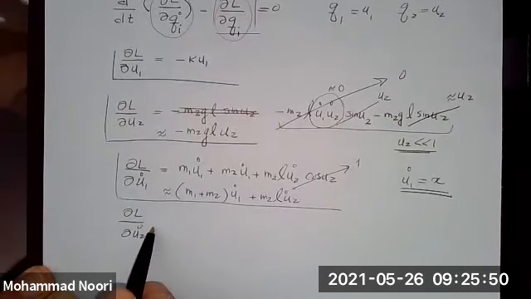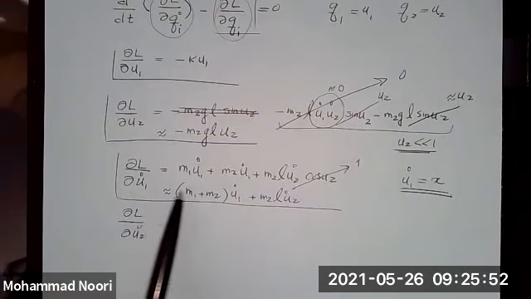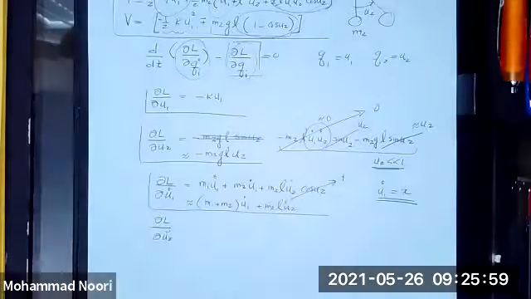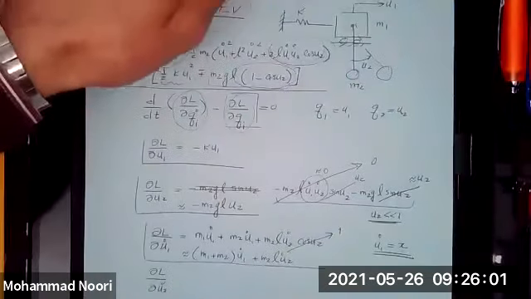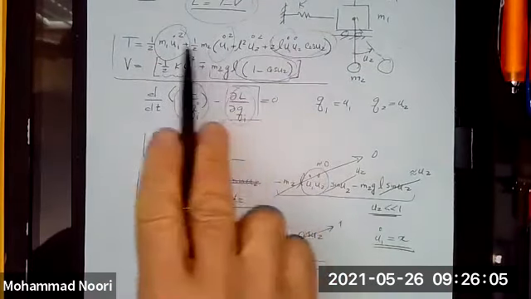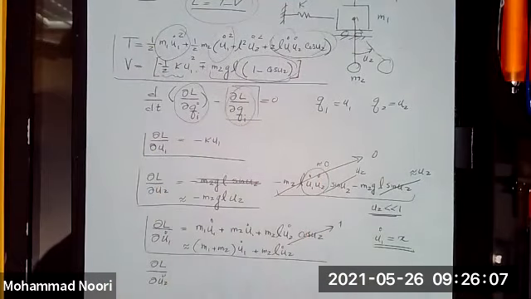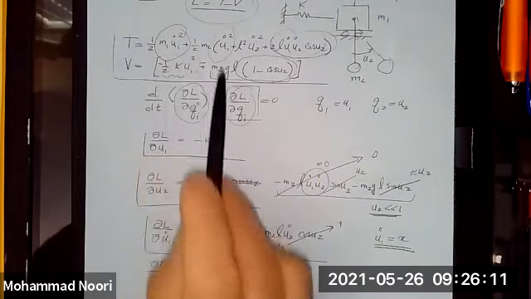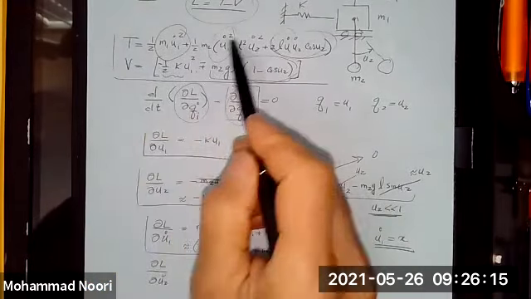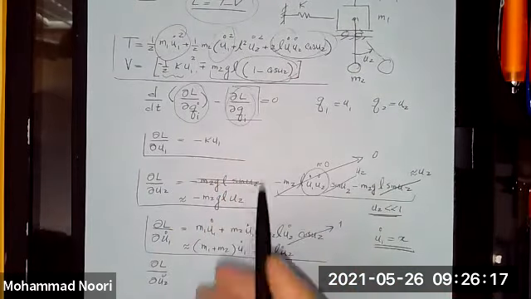Now, for this one, you consider only, let me raise this so that everything will fit in one page. That's better. So now in this equation, you consider T minus V, you consider only taking the derivative with respect to U2 dot. There's no U2 dot here, nothing here. It's only these two terms.